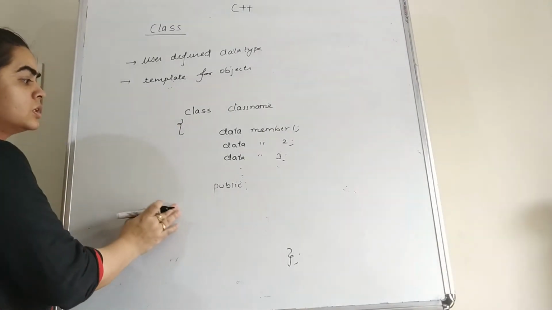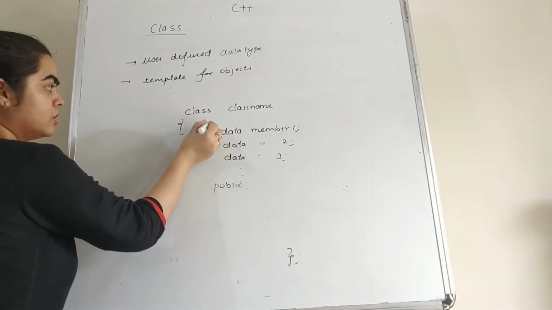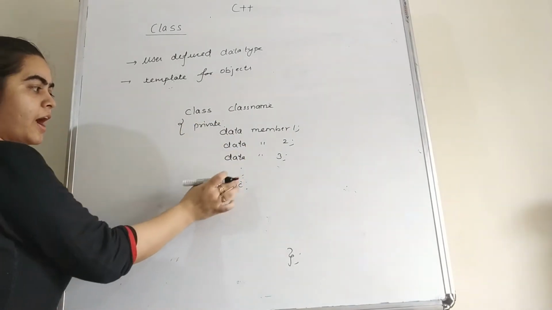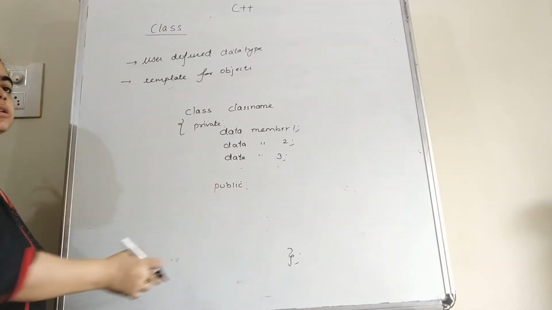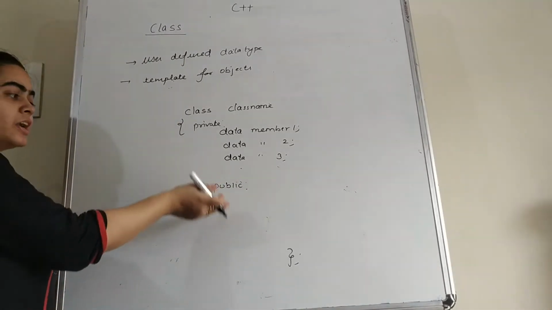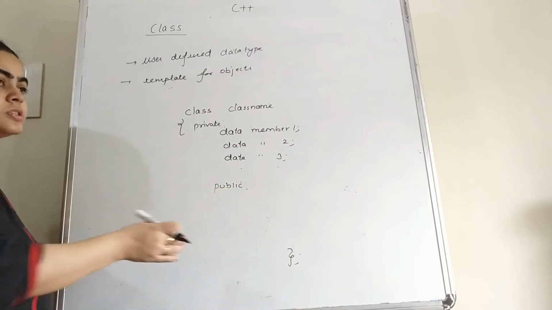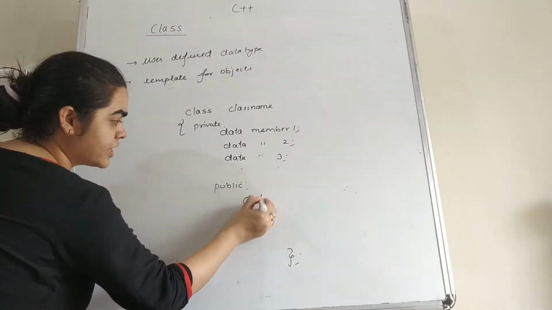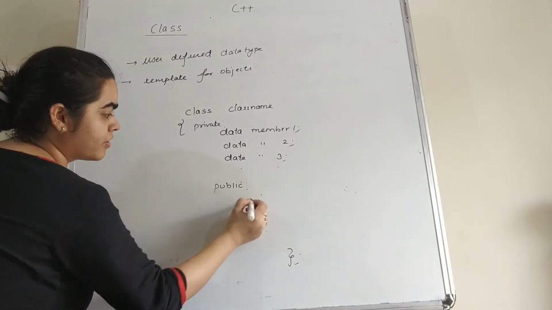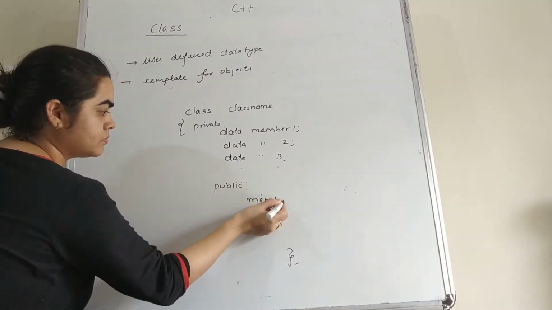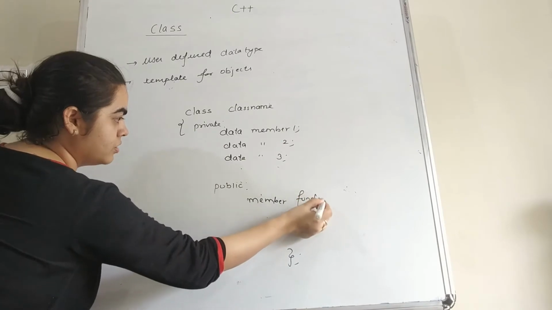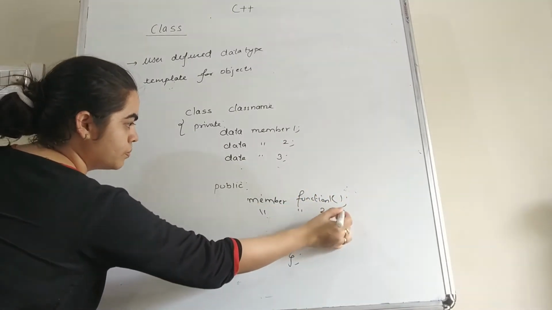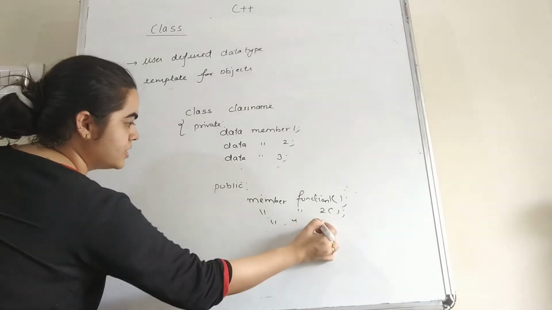Now students, here we have to write private, which means these data members are private in nature, and here we have to write public, which means the member functions that we declare under this public section are public in nature. So we declare member function 1, member function 2, member function 3, and so on.